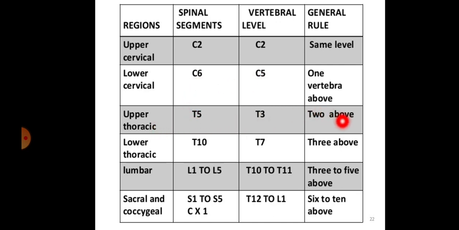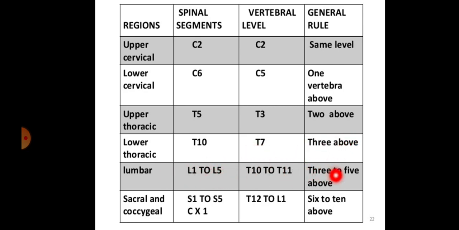In upper thoracic, we should add 2. For example, at the level of the third vertebra, the thoracic 5 segment is going to lie. In the lower thoracic vertebrae, we should add 3.